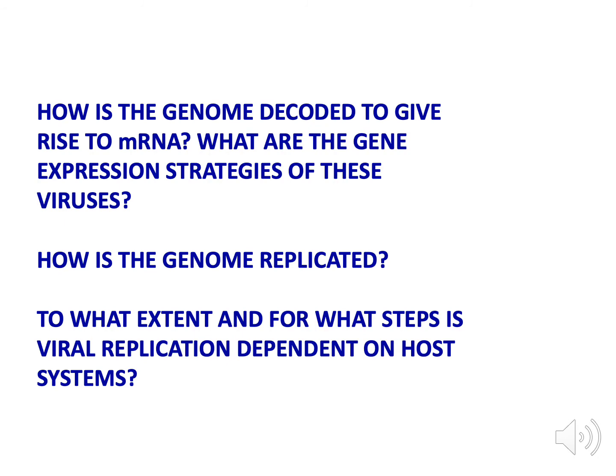So a big question in this class is going to be, how is the genome decoded to give rise to messenger RNA? What are the gene expression strategies of viruses? How are the genomes replicated? And to what extent and for what steps is replication dependent upon the host? And knowing what the genome structure is, you should be able to just deduce those things out of first principles.